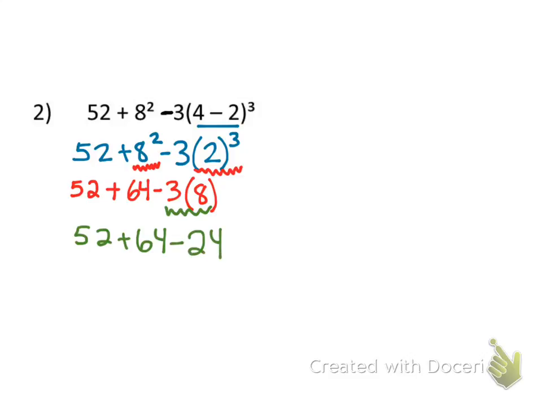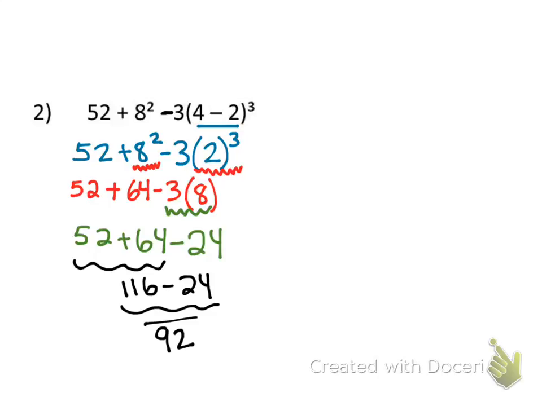And now we're on adding and subtracting, so you can just work left to right. What does that give us? 116 minus 24. 92. I agree with 92. Anyone else agree? Very good. What questions do you guys have?